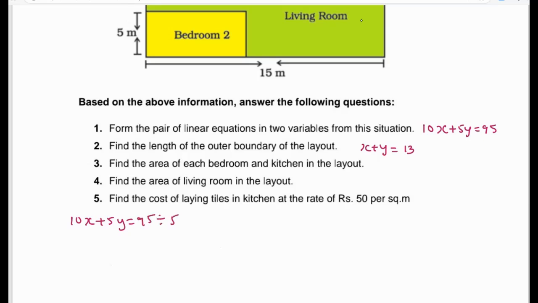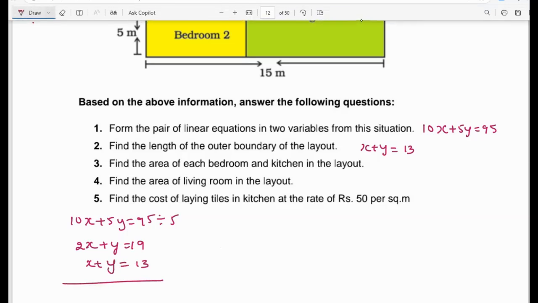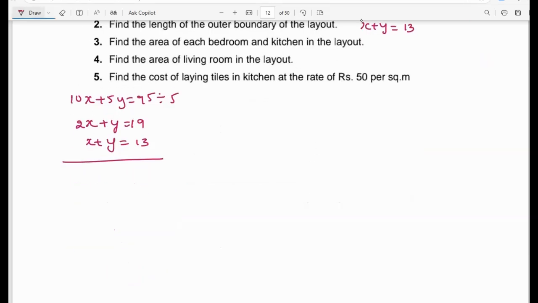Divide by 5, we get 2x plus y equals 19. Then the second equation is x plus y equals 13. So change the sign, and y will get cancelled. It is x is 6.